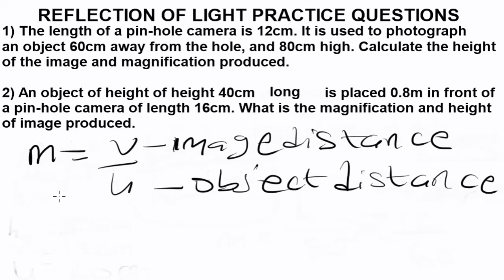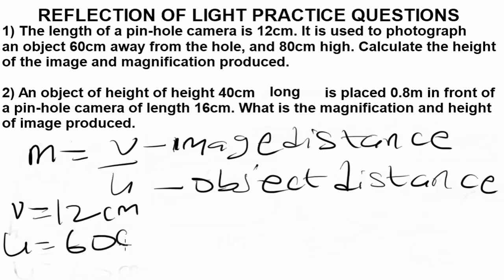The question says the length of a pinhole camera is 12 cm, so we have the image distance V to be 12 cm. We have the object distance U to be 60 cm, since it is used to photograph an object 60 cm away from the hole.